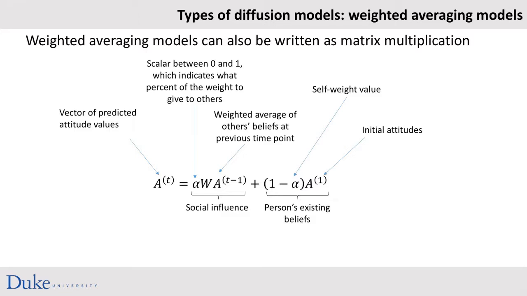And then there's the predicted value that we would give someone based on what their friends are doing at the previous time and based on their initial attitudes. So essentially, this is like saying how much are we going to weight the diagonal versus how much are we going to weight everything else in the model. That is to say, there's a social influence. We can say it's basically a weighted average of a social influence component and a person's existing beliefs.